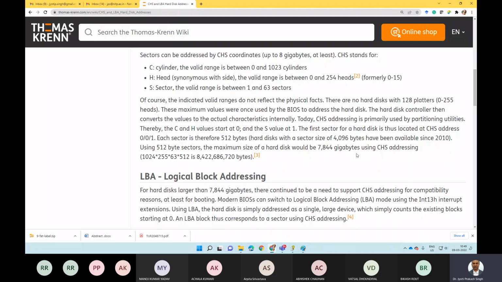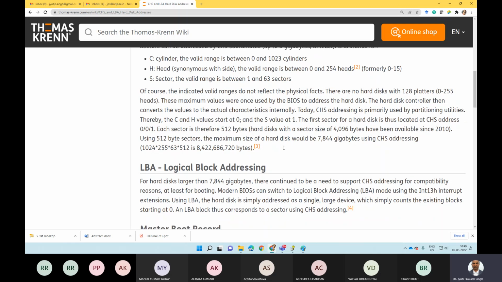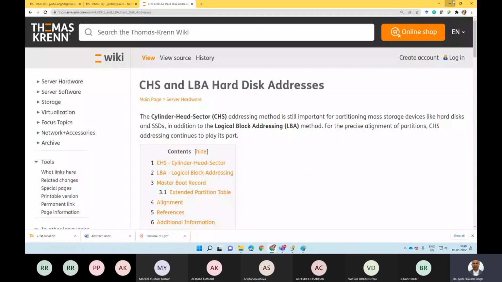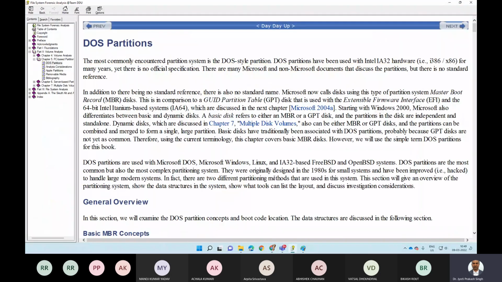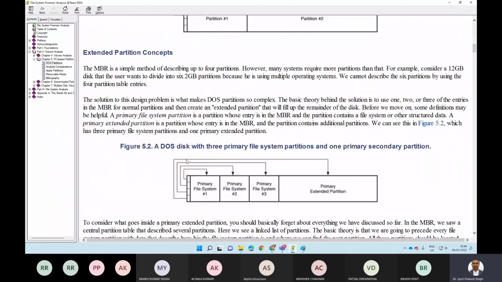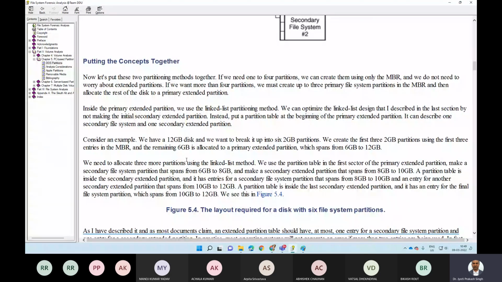You can see here. Then the other one was logical block addressing. As I told, in logical block addressing, normally the modern BIOSes use continuous values, which is not shown here. So they start from 0 and then continue for all the sectors. Now you can assume what we were talking about here.